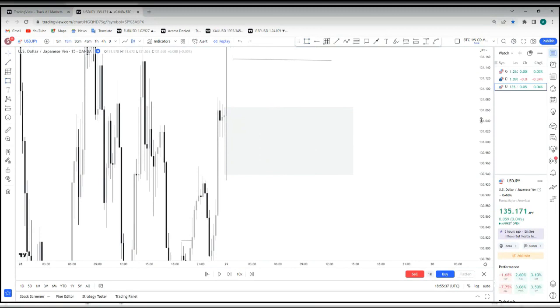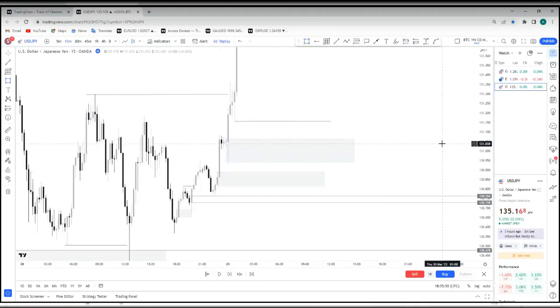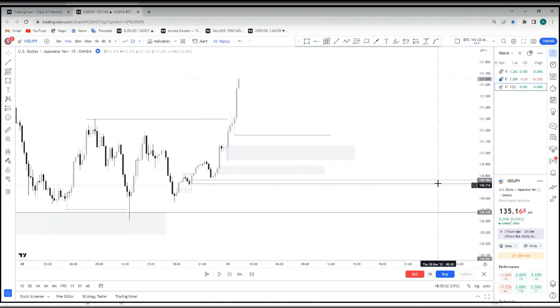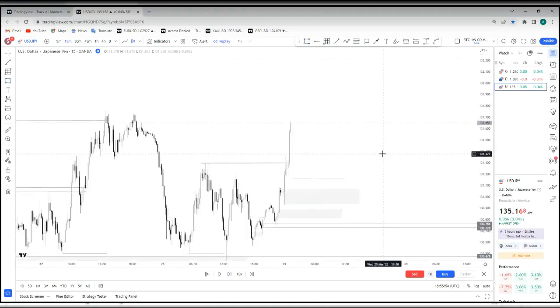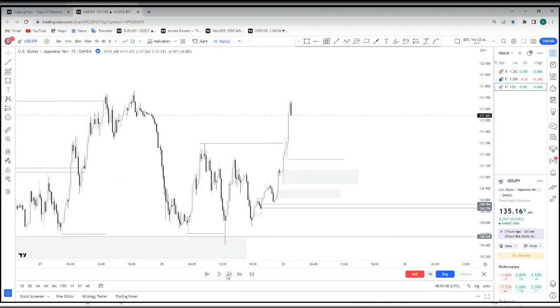So can I call this place my internal liquidity for this area, or can I call this area my internal liquidity for this area? Now you get confused around here. That is where you need a confirmation and patience. Let's see where price makes use of.